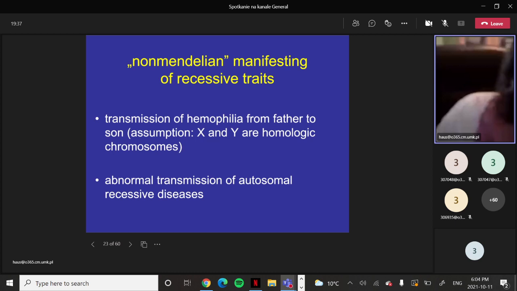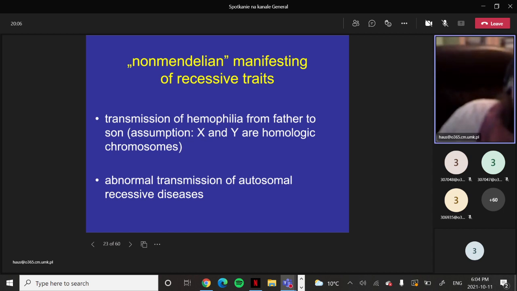So, summing up, the result of this heterodisomy maybe is non-Mendelian manifesting of recessive traits, not changes in Mendelian rules, but non-Mendelian manifesting, not inheriting of recessive traits.